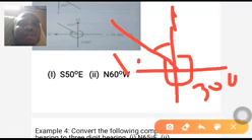Then for you to convert to compass bearing, the remaining angle here is the compass bearing. Now how do you get that? Take away this 300 from the total angle at a point, which is 360. So 360 minus 300 gives you what? And because it's between north and west, you are going to have north 60 degrees west.